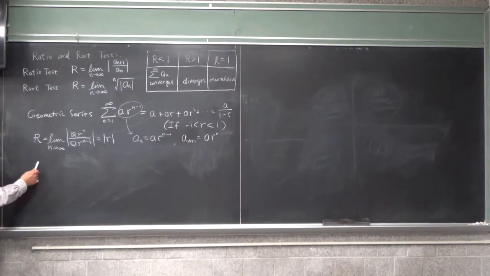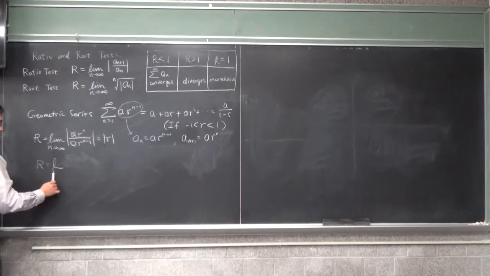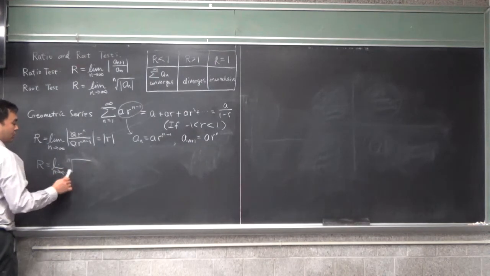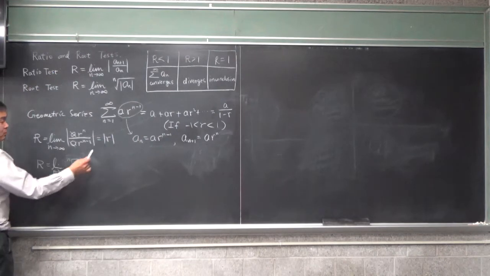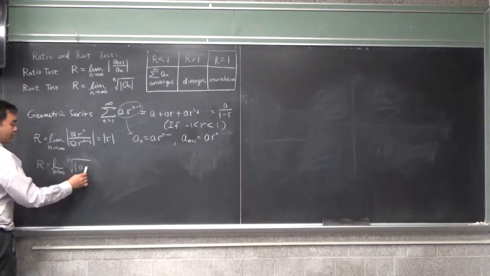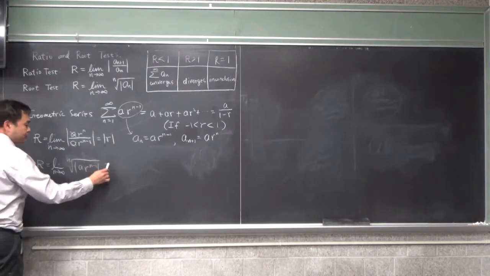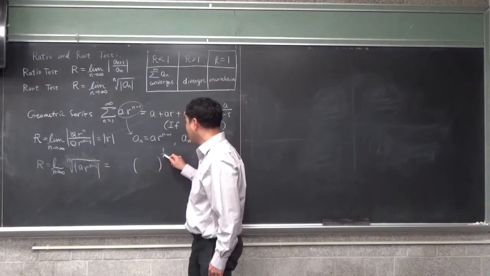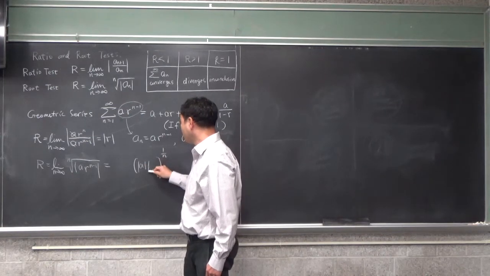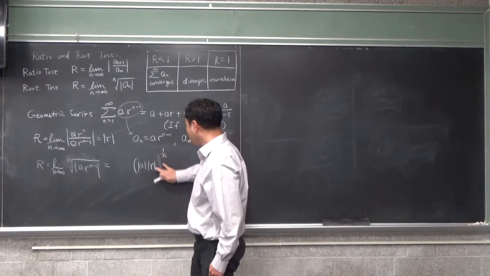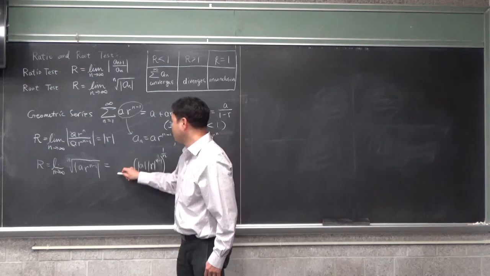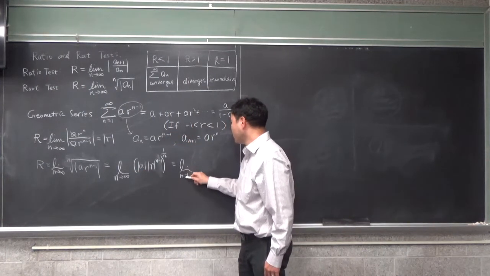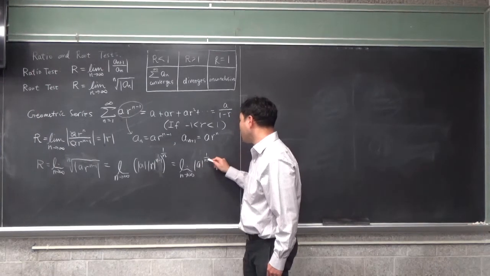The root test also does the same thing. If you take the limit n going to infinity of the nth root of the absolute value of an, which is the absolute value of ar to the n minus 1, then because nth root is the same as 1 over nth power, and absolute value can be applied to individual factors, this is a limit of n going to infinity of absolute value of a to the 1 over nth power.